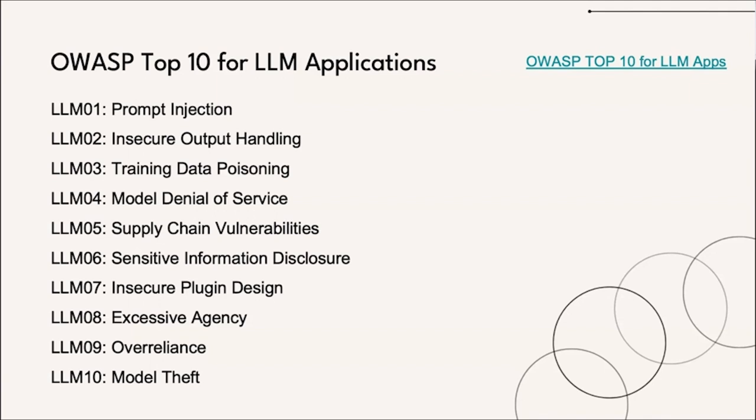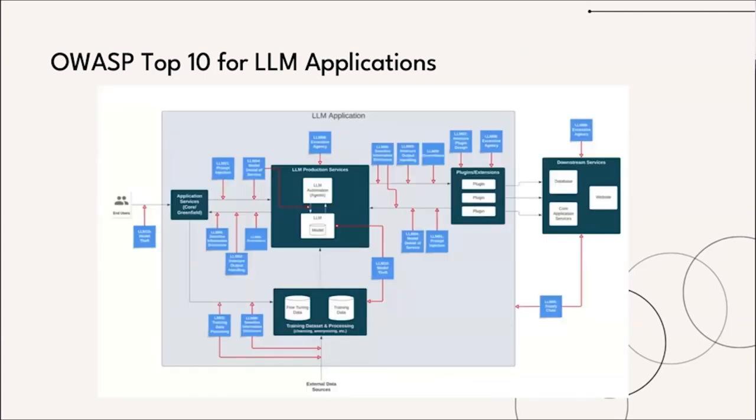But before we get into the definitions of these, I think it's important to talk about a typical LLM architecture. So what you see here in the blue boxes are the typical components that you will have in an LLM application. This is where your application sits, and it interacts with the LLM itself. So an end user would make a request to your application. Your application will forward that, creating a prompt to the LLM.